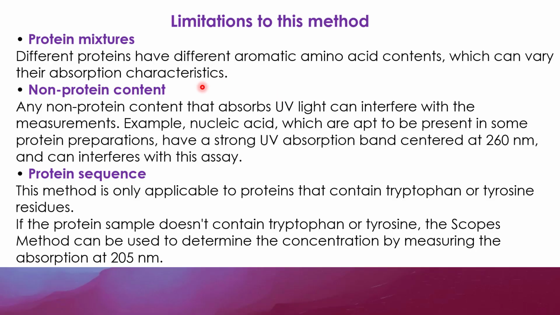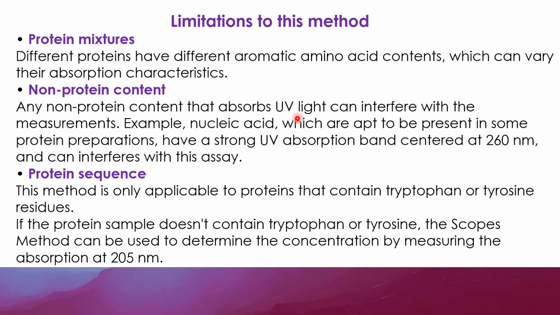Any non-protein content that can absorb UV light can interfere with the measurement. For example, nucleic acids, which are apt to be present in some protein preparations, have a strong UV absorption band centered at 260 nanometers, and as a result can interfere with this assay.